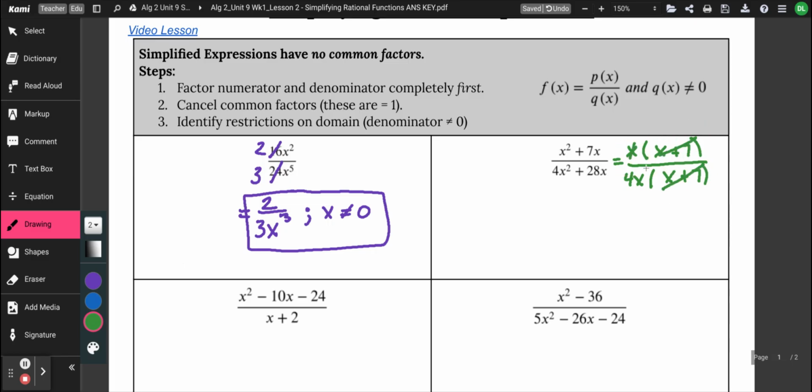I also have an x in the numerator and the denominator. I can cancel those. And so that's going to leave me with a final answer of 1/4. And then my restrictions would be, it's easier usually to look at your factored form, but x cannot equal 0 or a negative 7, because with both of those, we would get 0 in the denominator and our graph would be undefined.